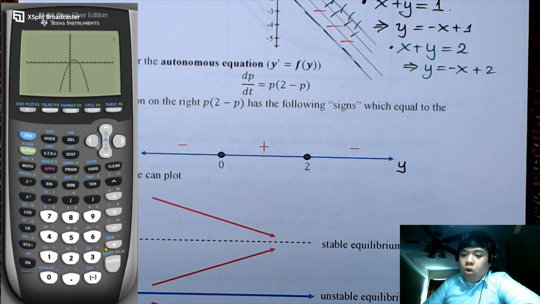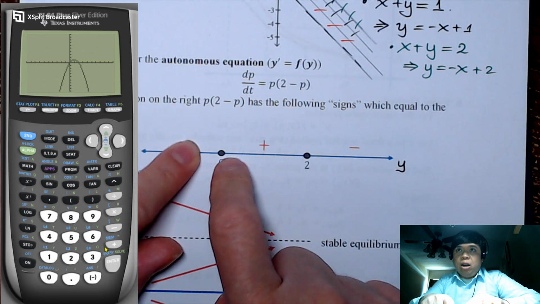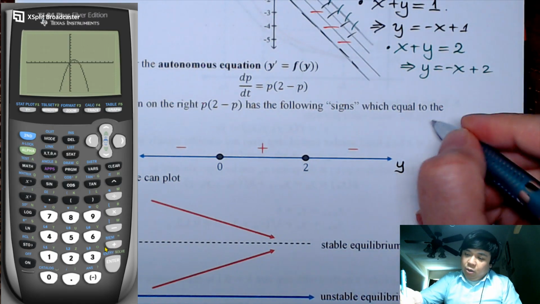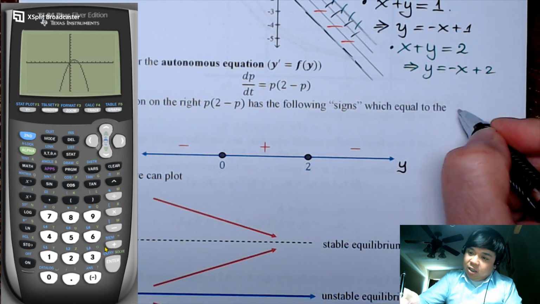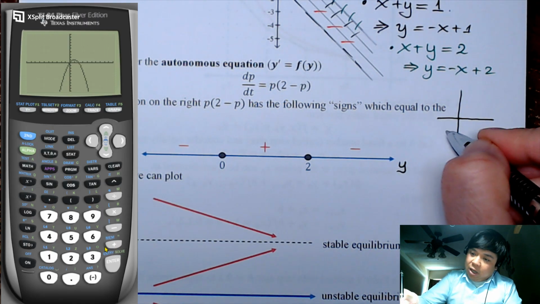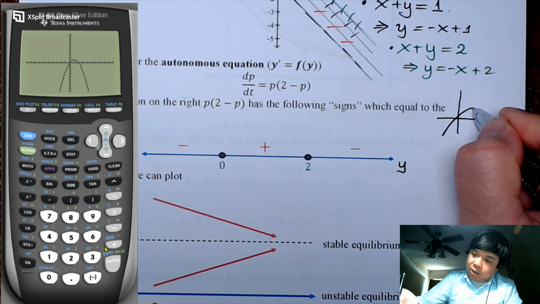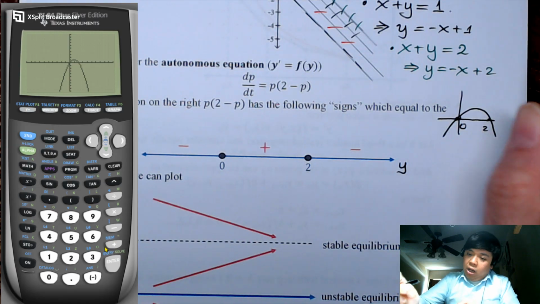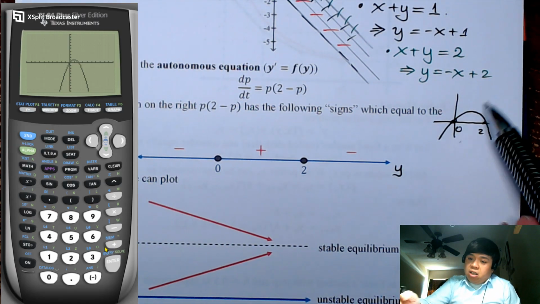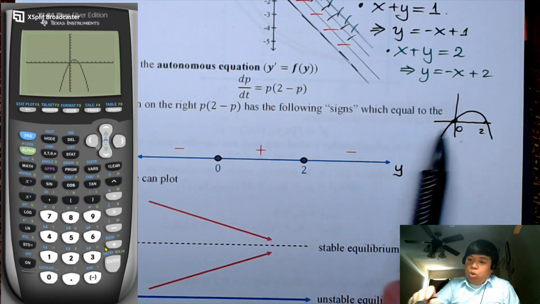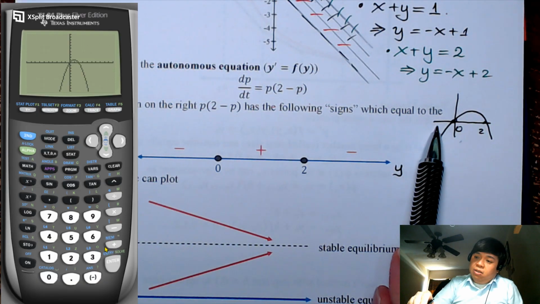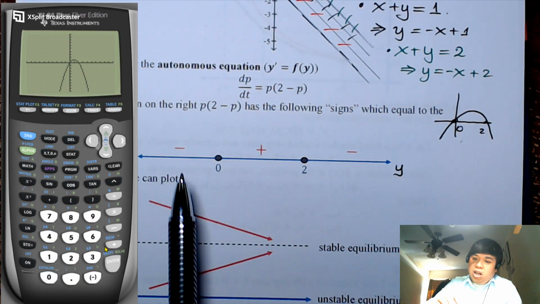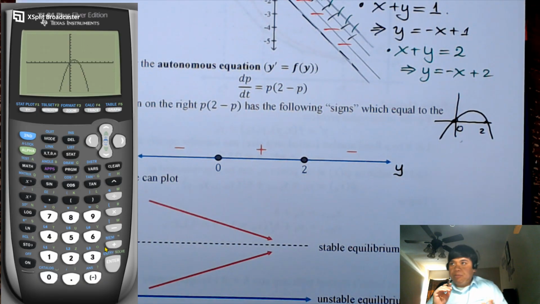So it is a parabola that opens down, and it goes like this, through 0 and 2. So it is above the x-axis, positive between 0 and 2, and negative on the outside. So it's negative, positive, and negative, right?